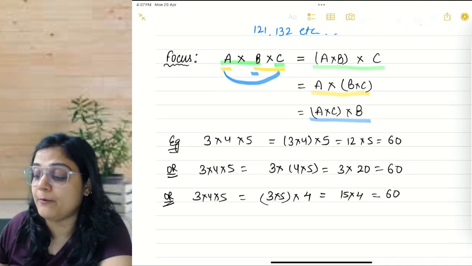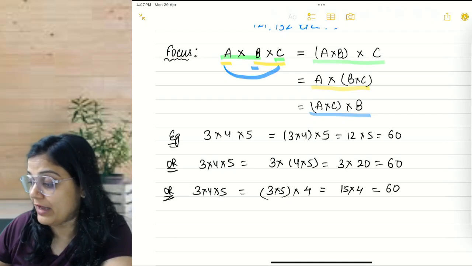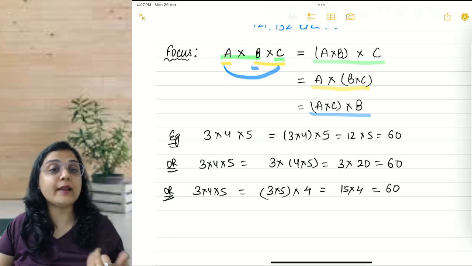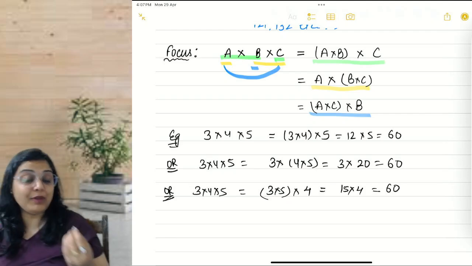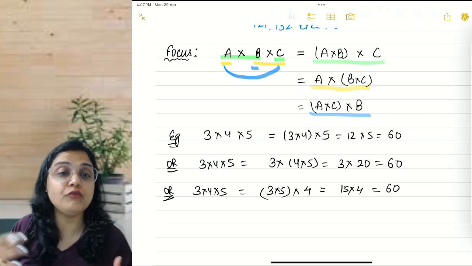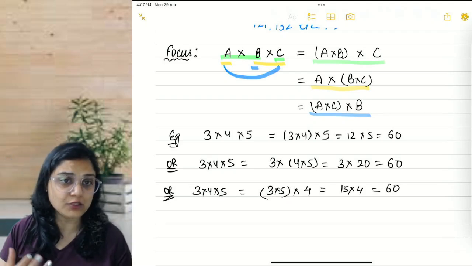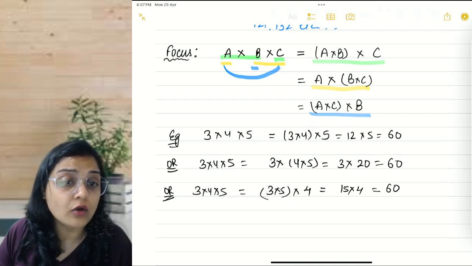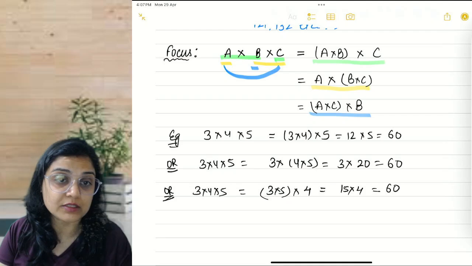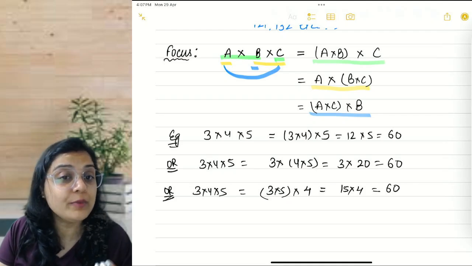What does it mean? Why are we doing it like this, what are we trying to find in it? We are saying that if you have multiplication of more than two numbers, maybe 3, 4, 5, 6 or as many as you want to, if you are changing the order or you are rearranging the numbers, the product is going to be the same.